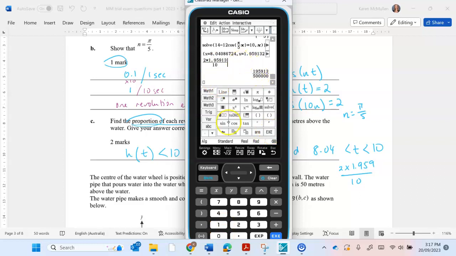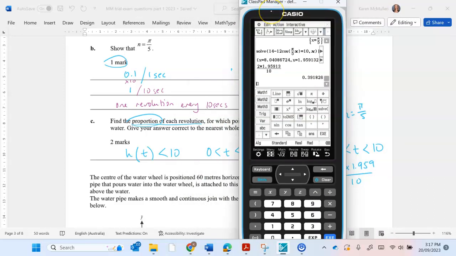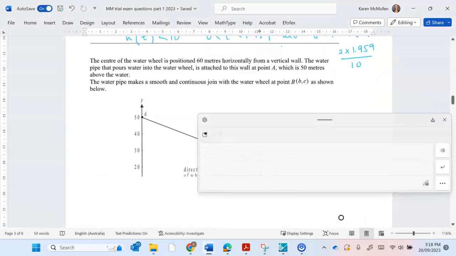Clearly we want a decimal answer, so let's change that. So 0.39. It did say to the nearest percent, so if we need a percentage, times 100. Which is very annoying. So 39%.